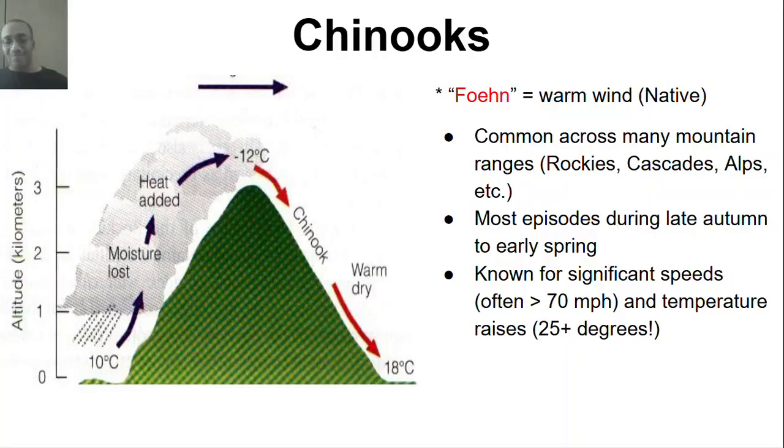And so in these kinds of conditions, if there's snow at the base of the mountain, it is probably likely that the Chinooks can help melt it in an instant.